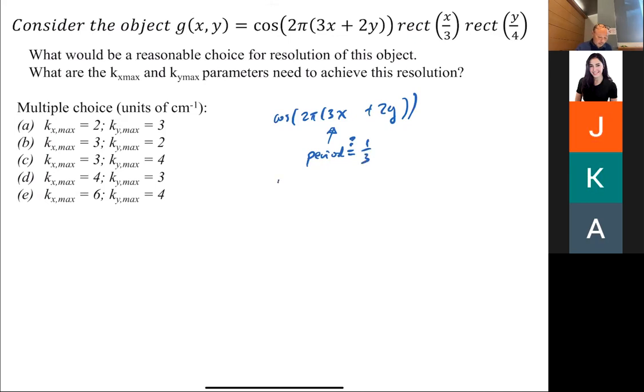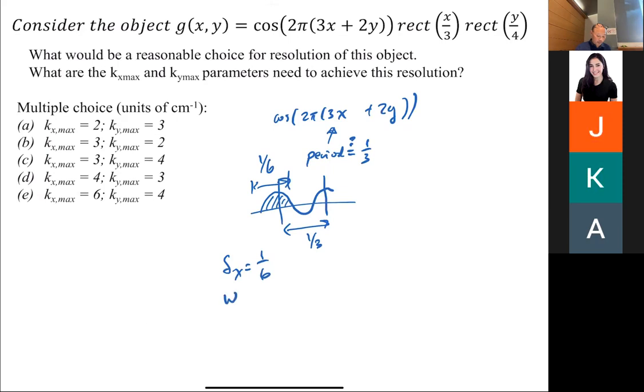So basically the cosine repeats itself in a period of 1/3, right? So as we said before, it would be reasonable to have half of that as the resolution. So that'd be 1/6, right? So my resolution in the x direction, I would pick it as delta x equals 1/6, right?